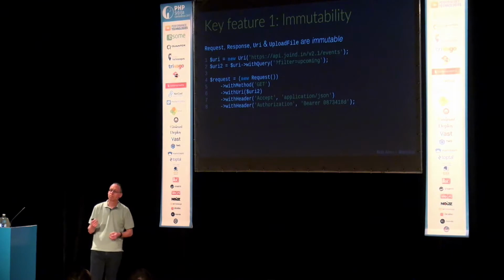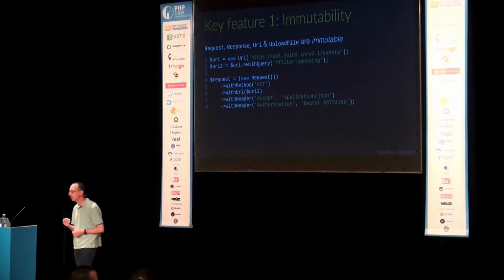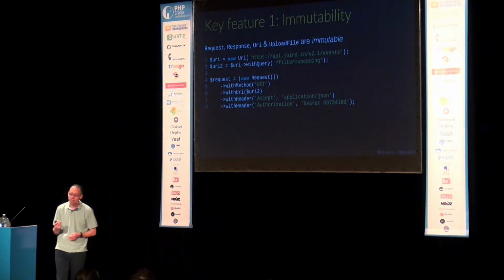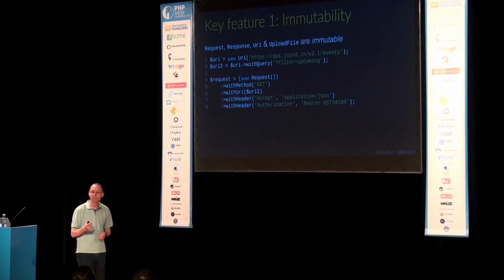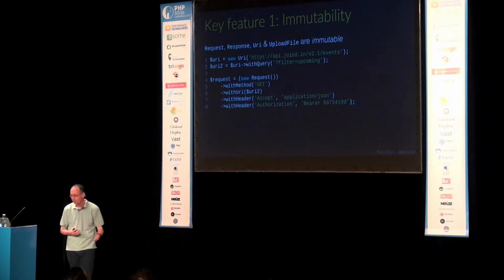I use the with method. I use withQuery and create a new object. So URI1 has not changed, but URI2 is a brand new object because they're immutable. This is a very helpful feature. I can then create multiple URI objects with different filters on them, all based off my master object.